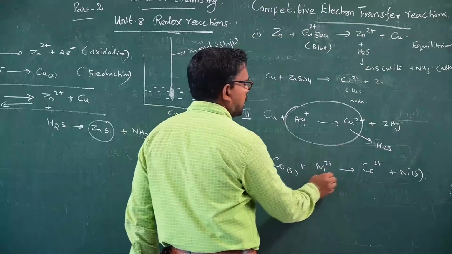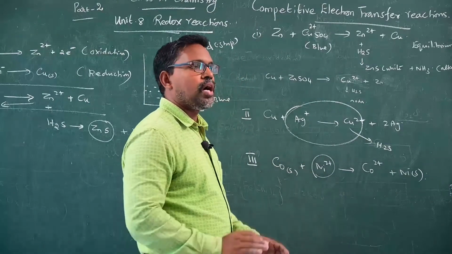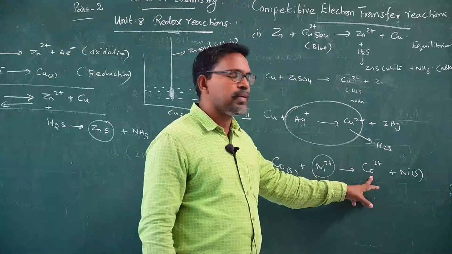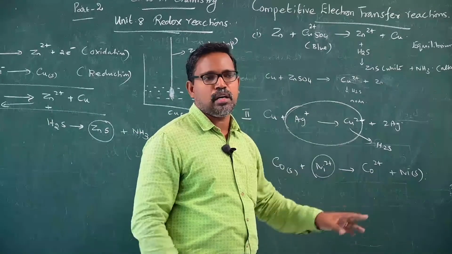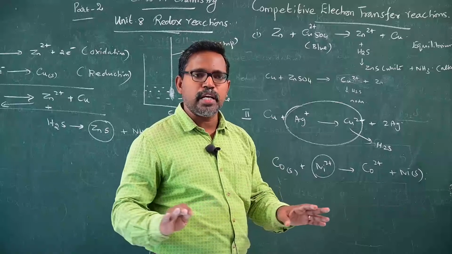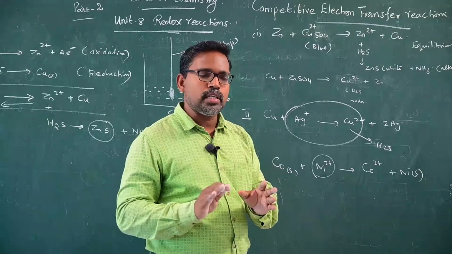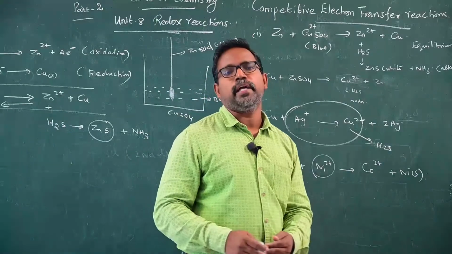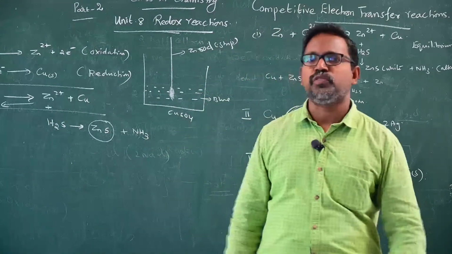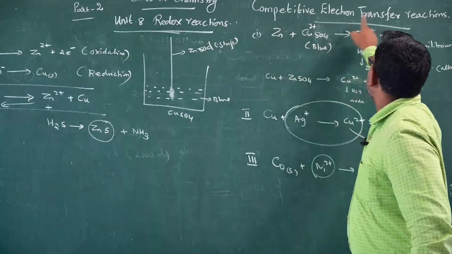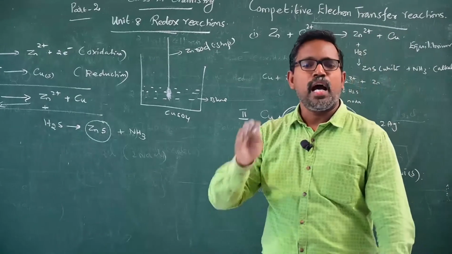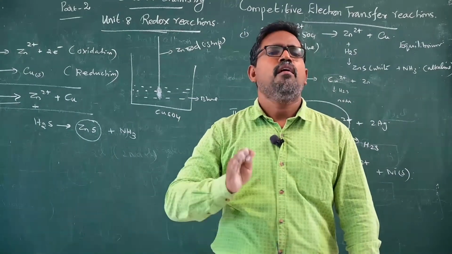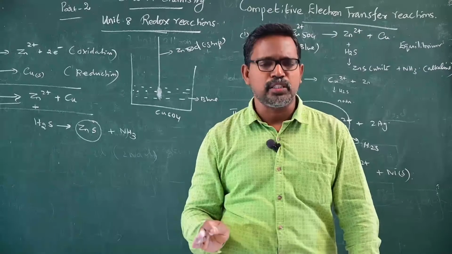In this case, we cannot identify a definite quantity of nickel 2+ ions as well as cobalt 2+ ions; under equilibrium condition they do not exist as definite amounts. This can be explained on the basis of reactivity, the competitive electron transfer reaction, as well as the electrochemical series.